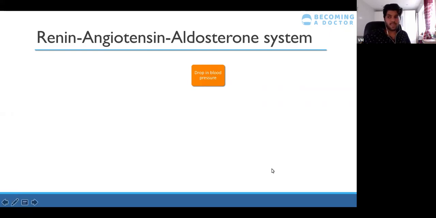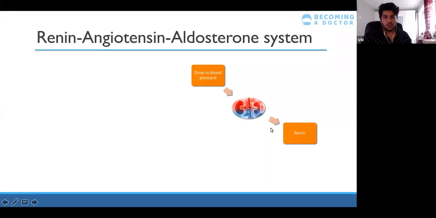That can drop your blood pressure. What happens is that the drop in the blood pressure is picked up by cells in the kidneys called juxtaglomerular cells of the kidney. And what this stimulates is production of a hormone called renin. So that's the first part of our renin-angiotensin-aldosterone system.